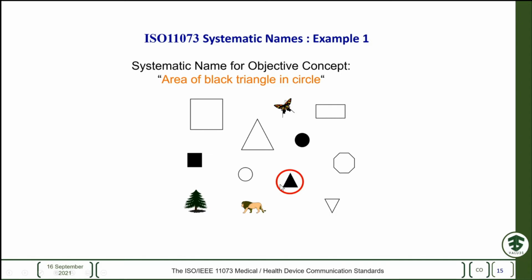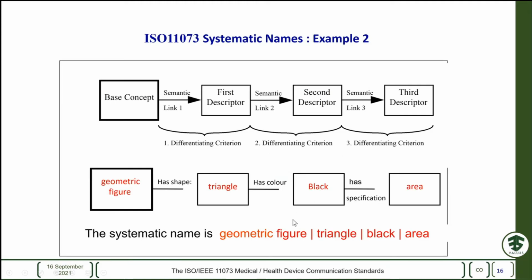For example, we want to say the area of this particular triangle. The base concept would be what we want to do, the area, then of which specific component, and in this case, in circle, so it is the one that is indicated. So there is a base concept, then there is a semantic link to a number of descriptors, first, second, third descriptor, as many as necessary in order to reach a specific concept.